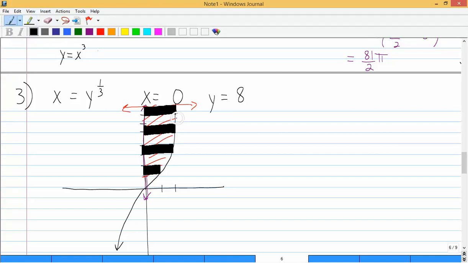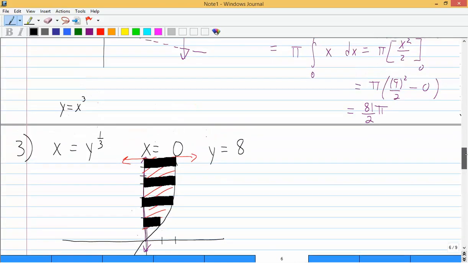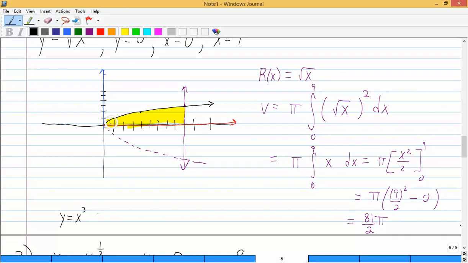Well, the right curve minus the left curve, that's going to be y to the 1/3 power minus 0. That's what we were actually doing before. On the previous problem, we were saying the square root of x minus 0.